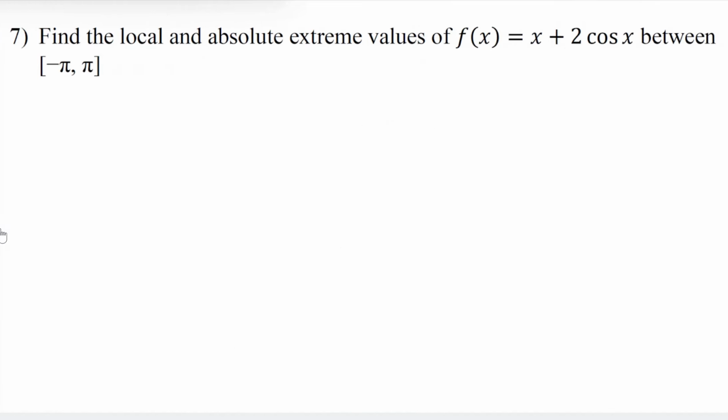Okay. 7 and 8. 7's local and absolute extreme values, so mins and maxes. And 8 is concavity, the inflection points. So this one, we have to find the first derivative and then find out where it equals 0. Notice you have a domain restriction, it's negative pi to pi.